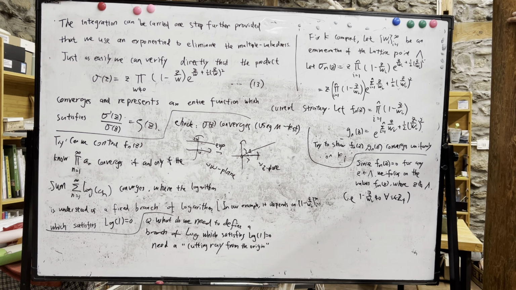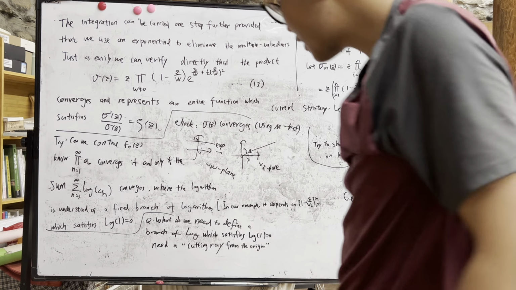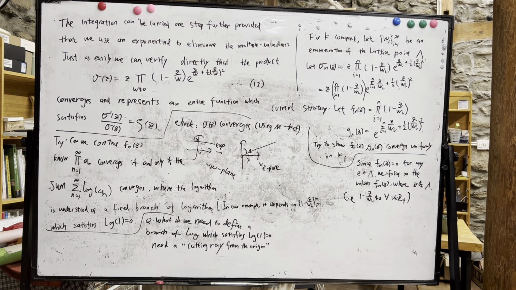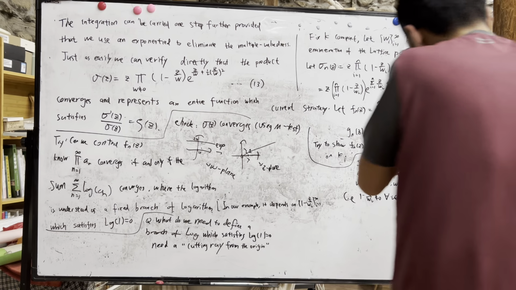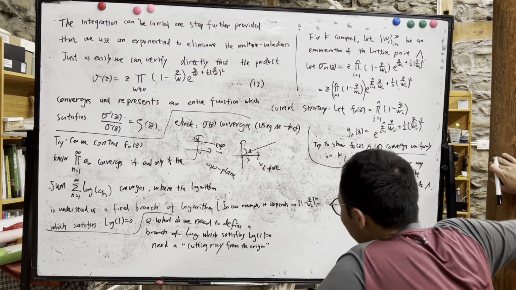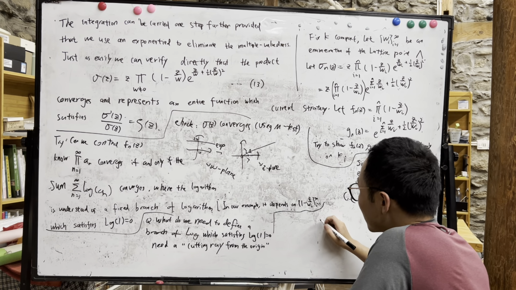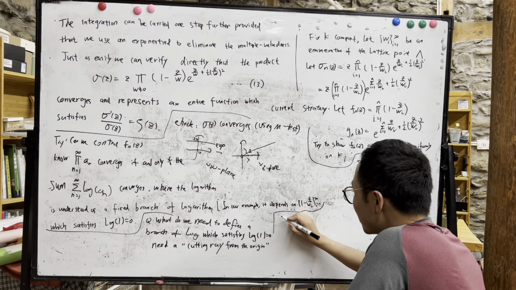I think it is doable, because I think we can just pick a ray that avoids all the points.